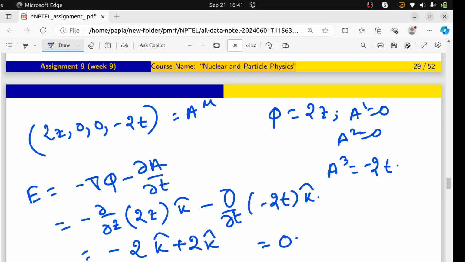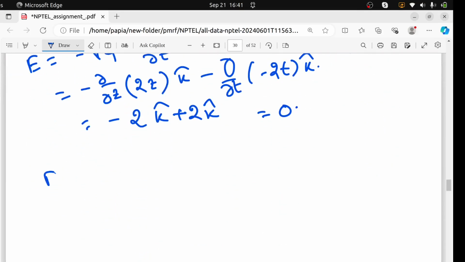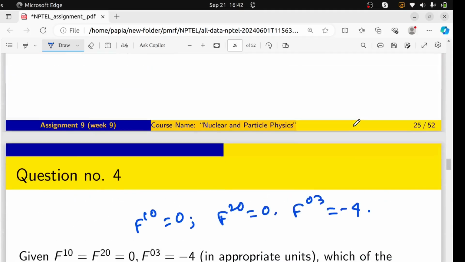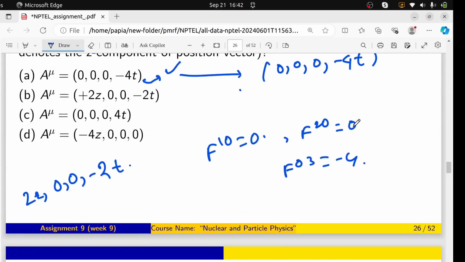So it will give us a value 0, but we are having E as 4 k cap, so this will not be the correct option. So option number B is not correct.